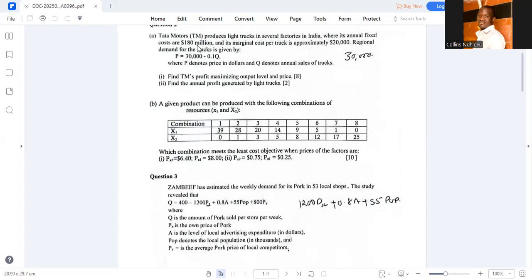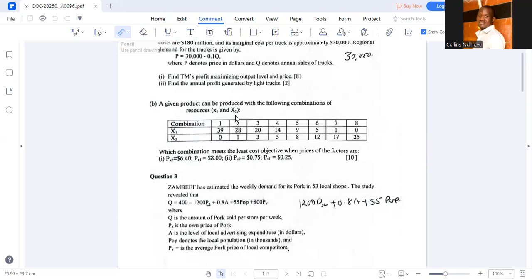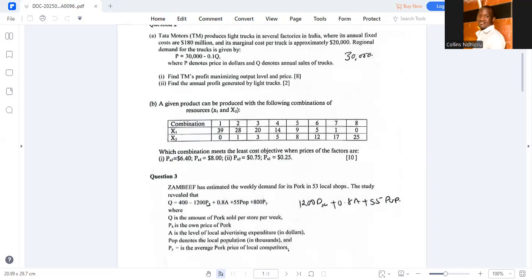So these are the combinations. Okay, the first one at 2, we had 6, 1. So under this combination, 6 and 1, this gave us a total cost of 46.4.